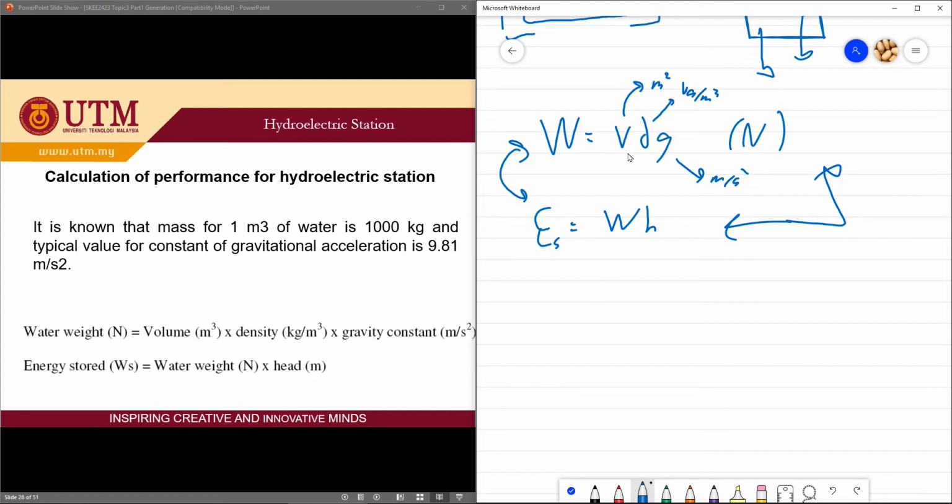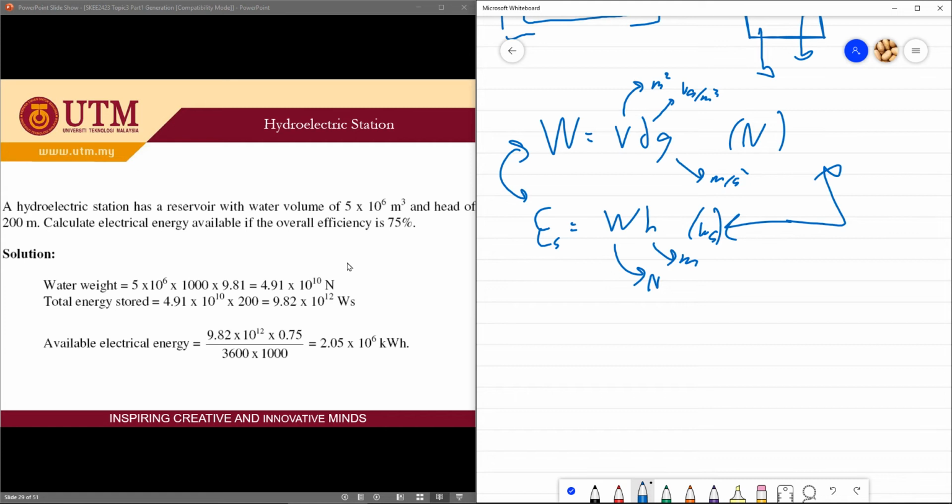Weight is just volume multiplied by density multiplied by gravity, and then the energy stored is just the weight multiplied by the head. The unit is watt second. Make sure also you know the unit. Head is in meter, and weight is in Newton. Okay, so we move on to the example.